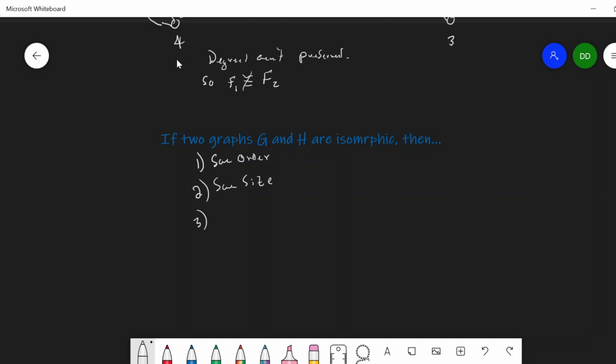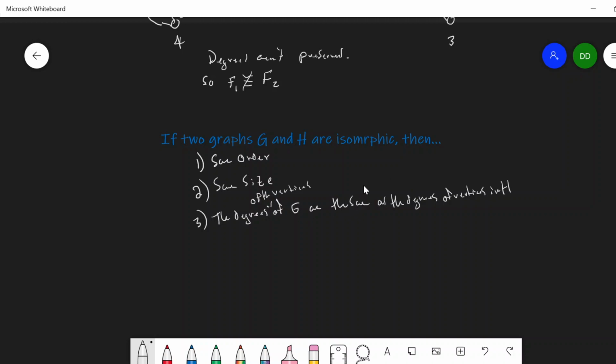And three, the point I made with F1 and F2, the degrees of vertices of G are the same as the degrees of vertices of H. And again, same order follows from it being a bijection, same size follows from the isomorphism preserving edges, and this degree condition again follows from the bijection preserving edges. So these three things have to be true if they're isomorphic.